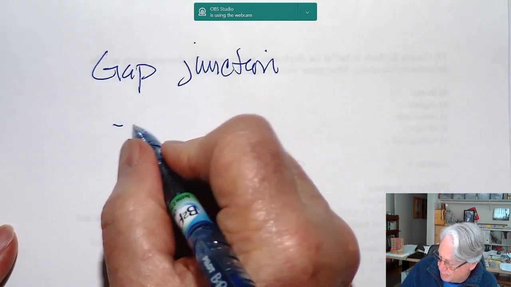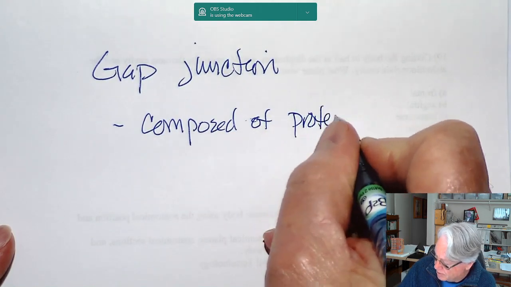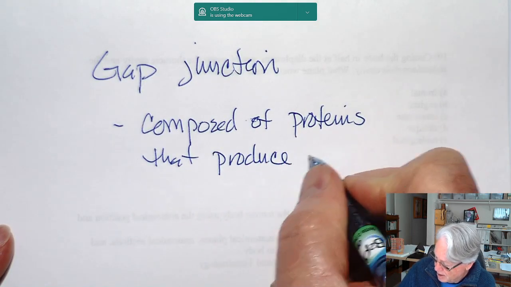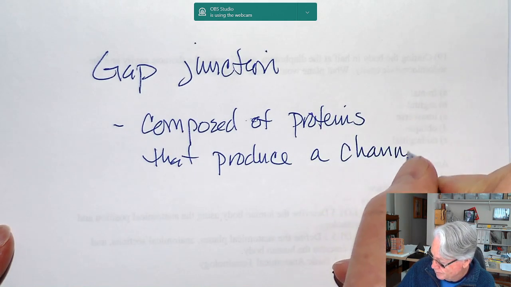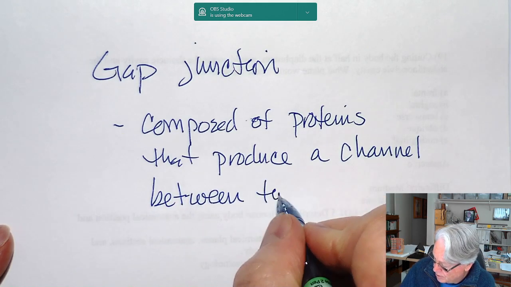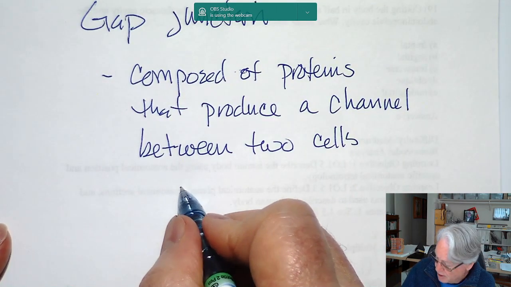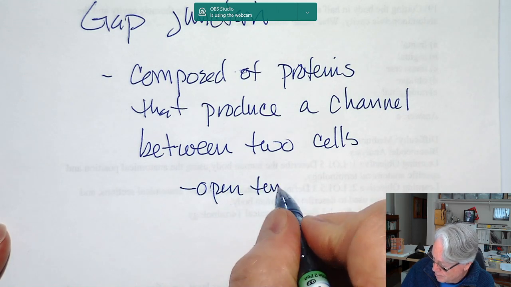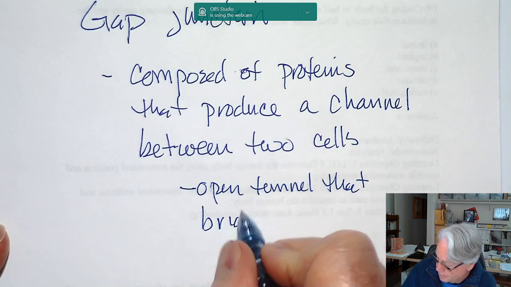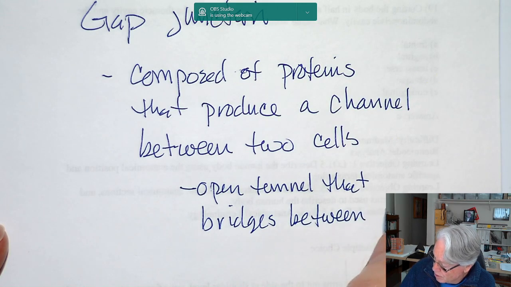And this is composed of proteins that produce a channel between two cells, an opening, a connection, a bridge, if you will, an open tunnel that bridges between two cells.